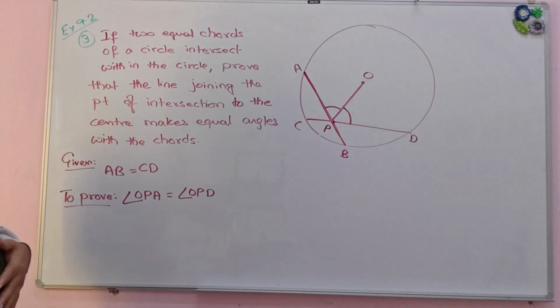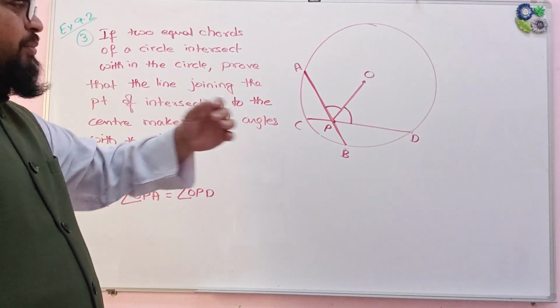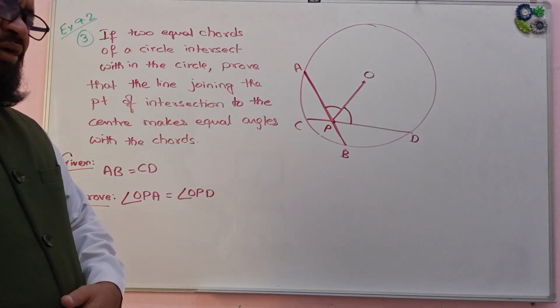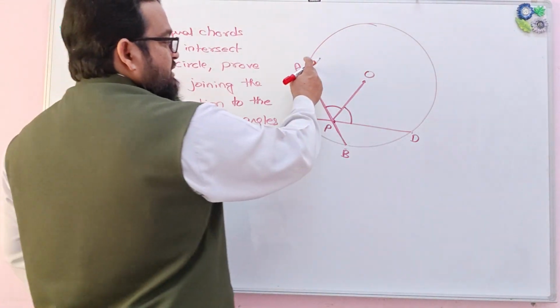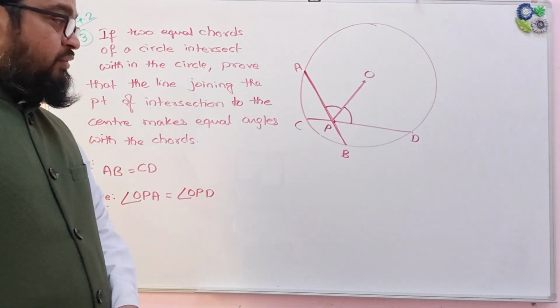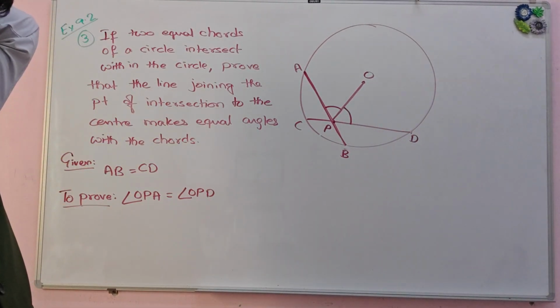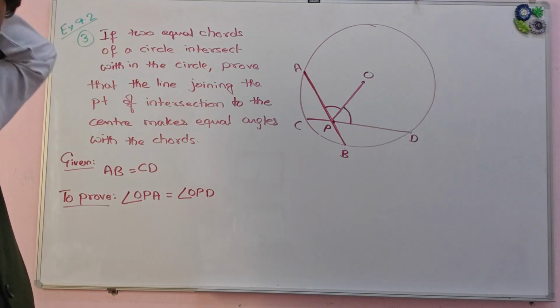See, how will you prove? So we can't prove this directly, right? So we have to use the theorems. What are the theorems we have seen? Equal chords subtend equal angles. So will it make any sense? It will not make any sense. The next theorem is the perpendicular drawn from the center to the chord bisects the chord.